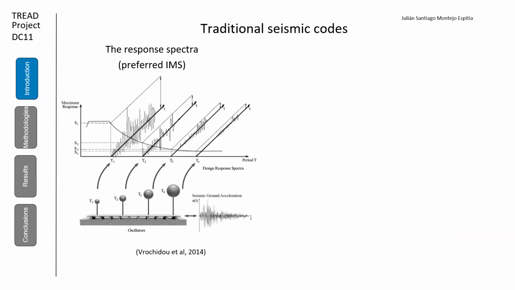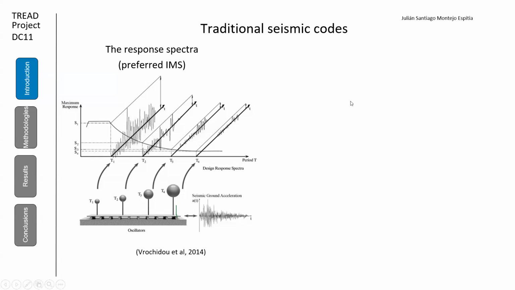So for this, the traditional seismic codes try to use the very famous response spectra, because it is in terms of acceleration and it depends on the natural period of the oscillator that can be related with the period of the building we are designing.